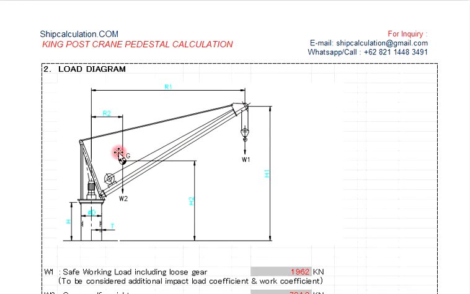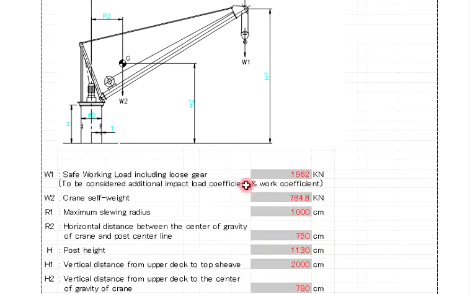So the center of gravity is here, so you need to determine the center of gravity, the height of the pedestal, the diameter of the crane pedestal, and then the thickness of the pedestal, the height to the center of gravity, and then the height of the boom here, we've got h1 and h2, right? So r2 is the radius to the center of gravity, and then r1 is the radius, the maximum slewing radius.